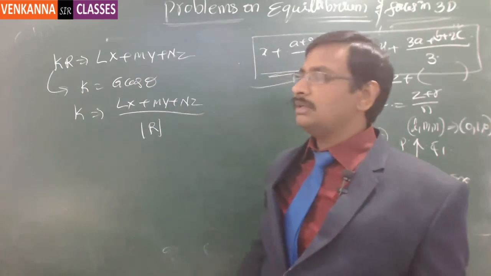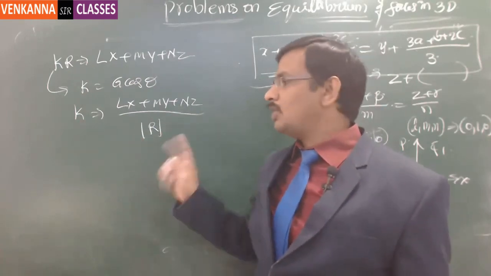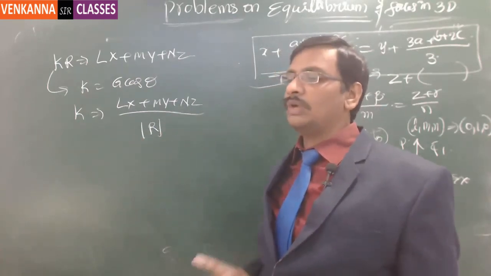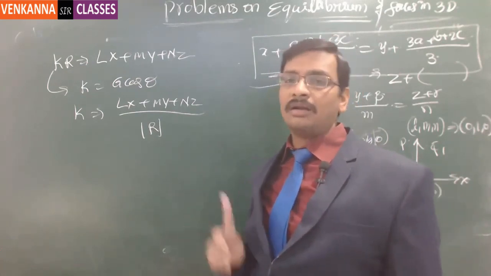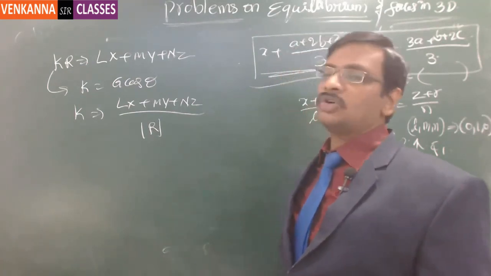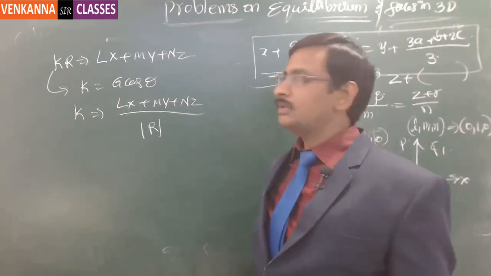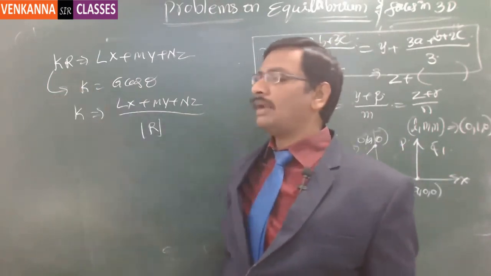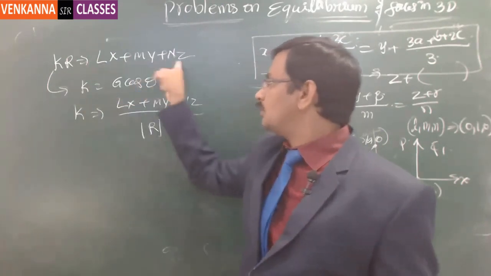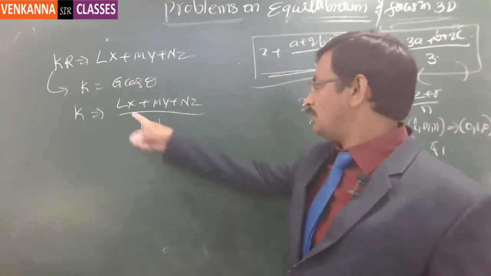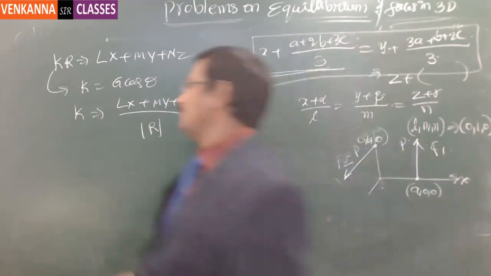Why? Because in the case of a wrench, the angle between G and R is always 0, because those two are parallel, and only then do we call it a wrench. So because the angle between them is 0, we can calculate the dot product, L x plus M y plus N z.